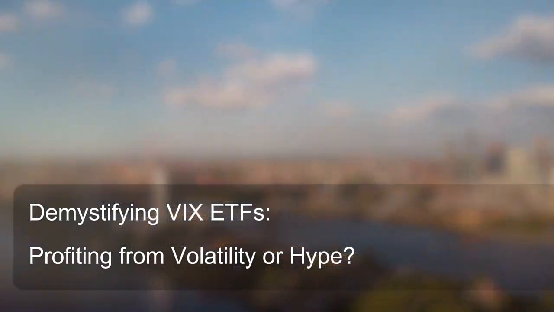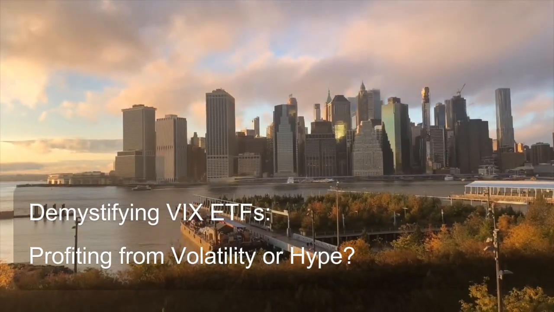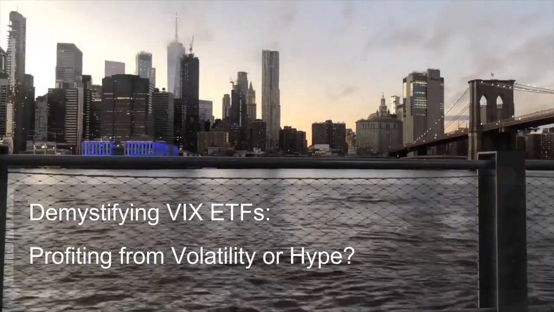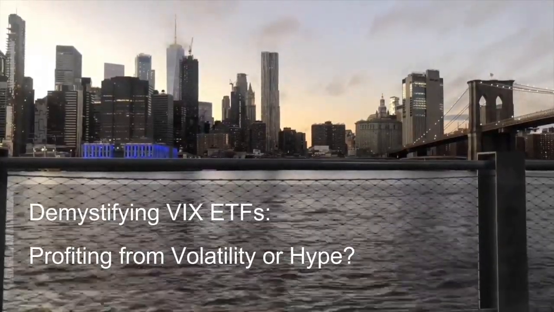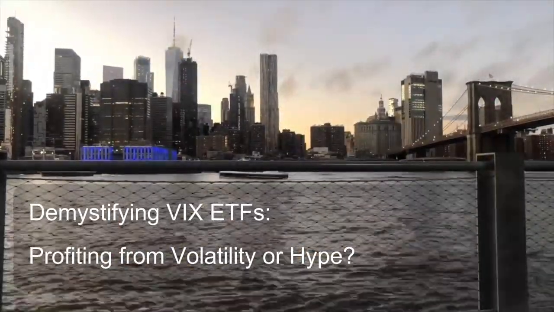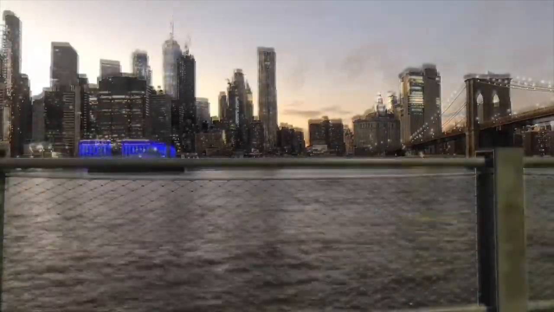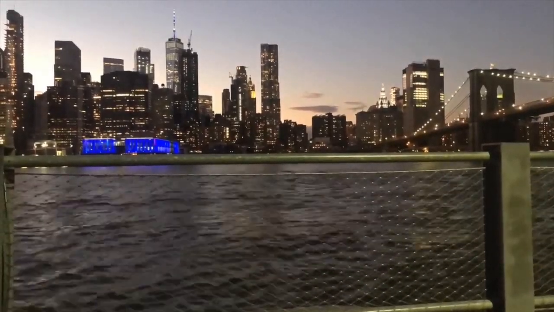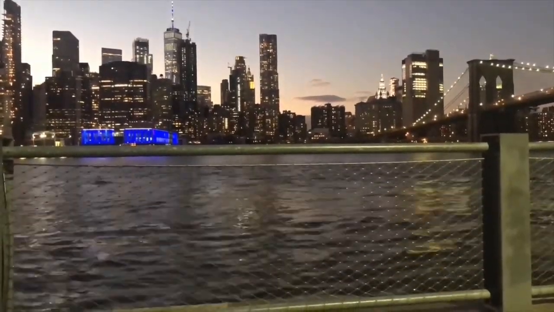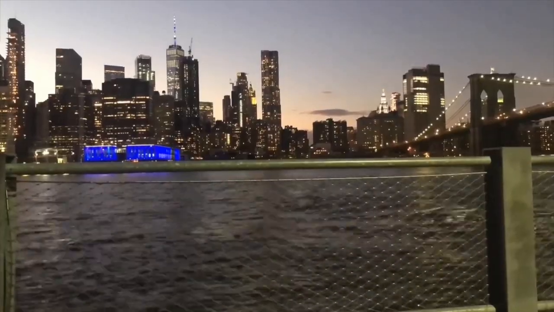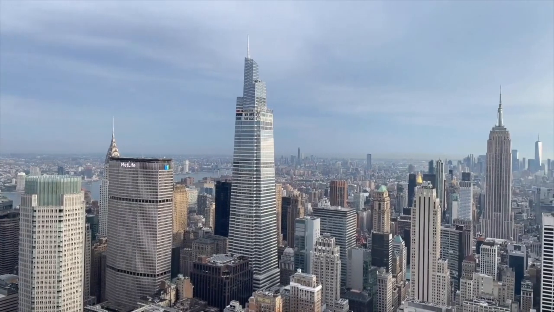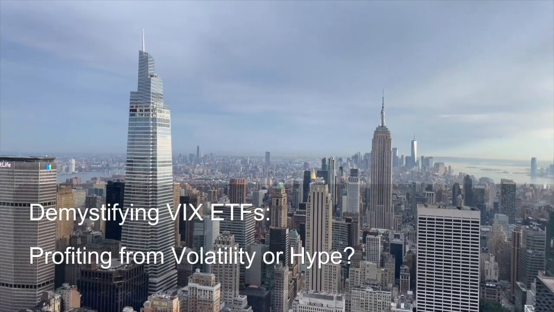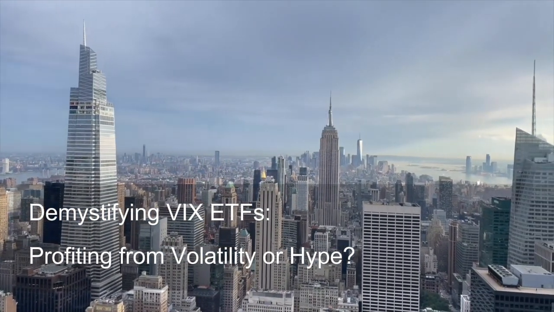Potentially lower costs: some volatility-managed futures ETFs might have expense ratios lower than traditional VIX ETFs, due to potentially simpler strategies or economies of scale from managing a broader basket of futures contracts. Important considerations: while offering some volatility exposure, these ETFs might not perfectly mimic the behavior of a pure VIX ETF. Their performance can be influenced by movements in the underlying asset classes they hold.